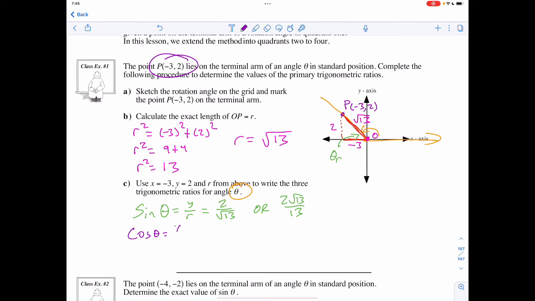Cos of theta is going to be x over r, which is -3 over the square root of 13, or -3 root 13 over 13. Tan of theta is y over x, which is 2 over negative 3. Or you can just write the negative beside it: negative 2 over 3. Perfectly acceptable.